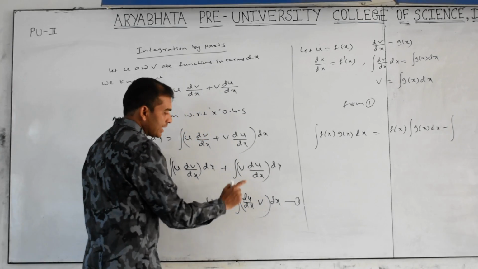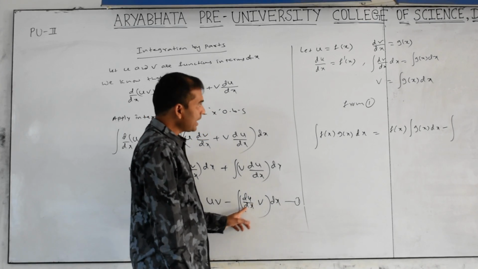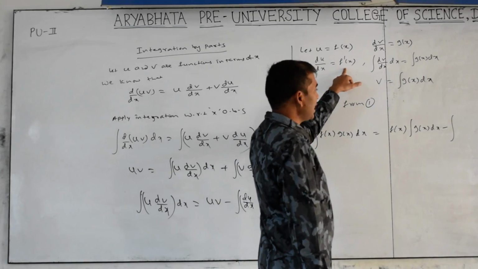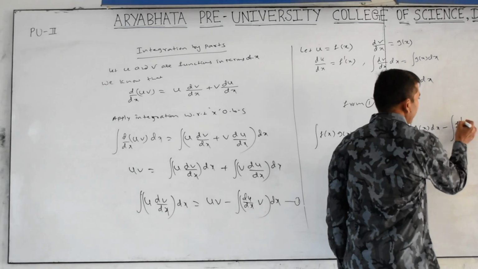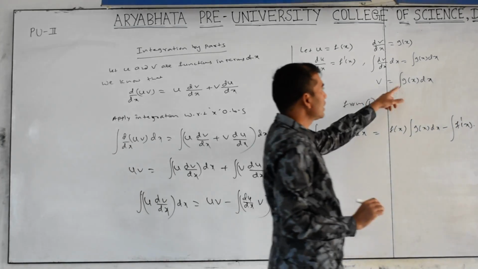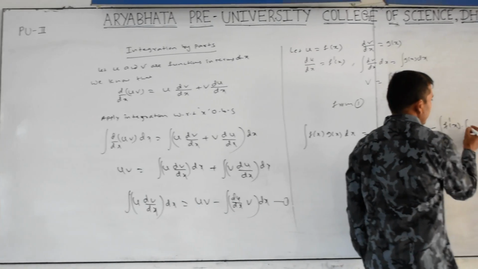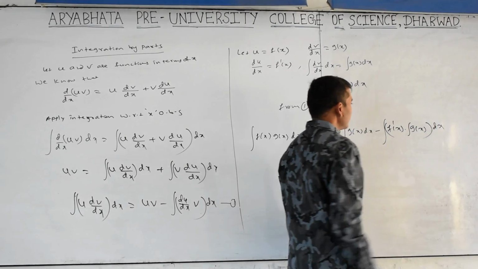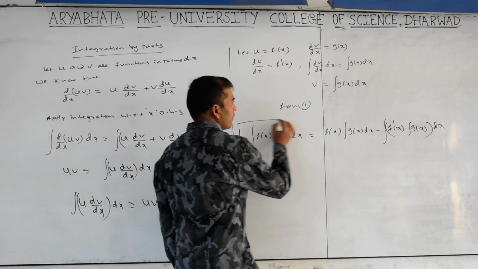Again integration is there. Du by dx is f dash x and v is equal to integration of g of x whole dx. This is the product rule of integration.